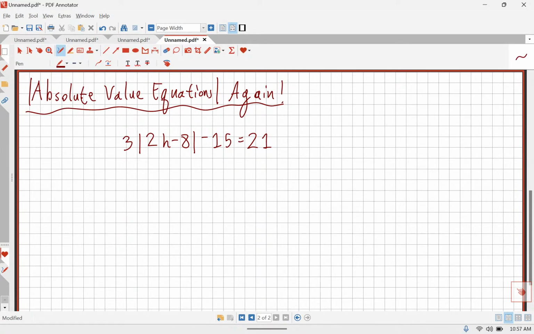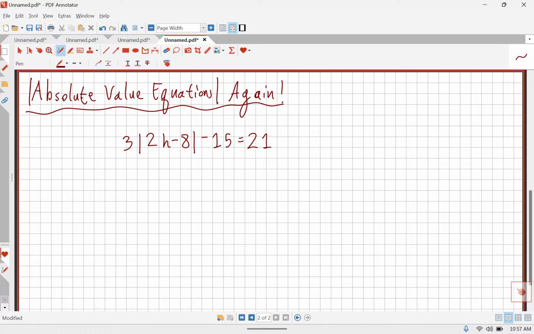Your instinct is telling you to distribute the 3 into the absolute value and then take away 15 from that negative 24. You can't do that. If there is stuff inside an absolute value and stuff outside an absolute value, generally speaking, I can't get them to mix in with each other. There are some circumstances where it will work, but I don't want to worry about that so much.